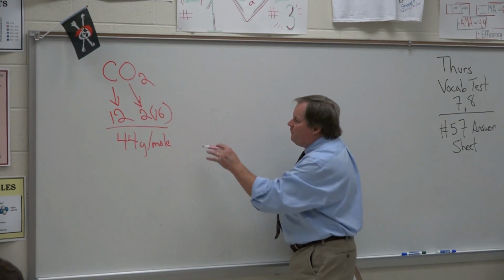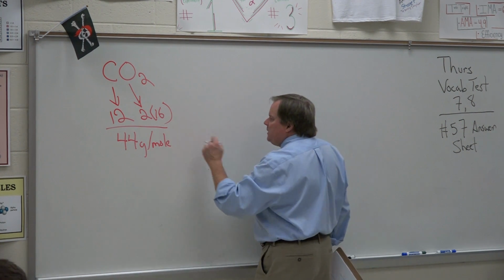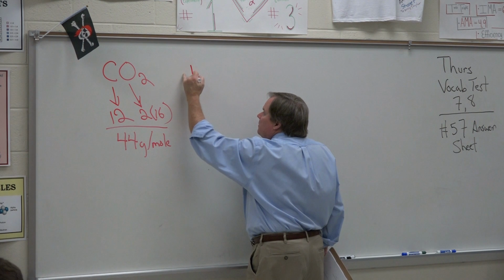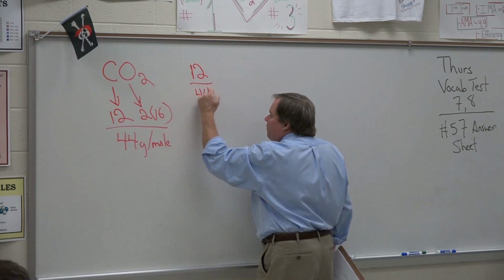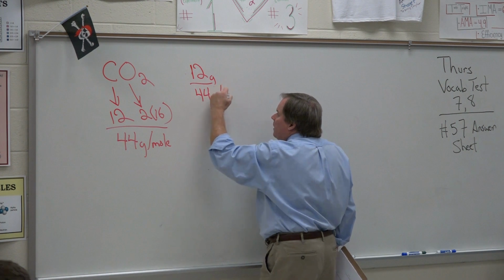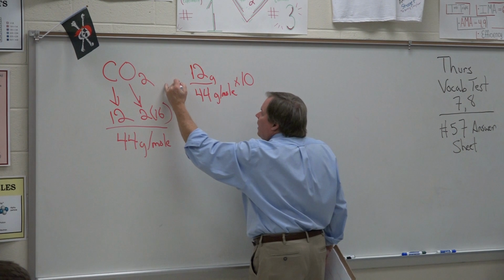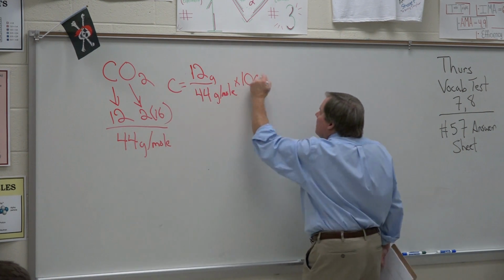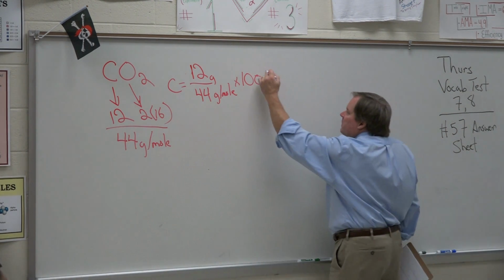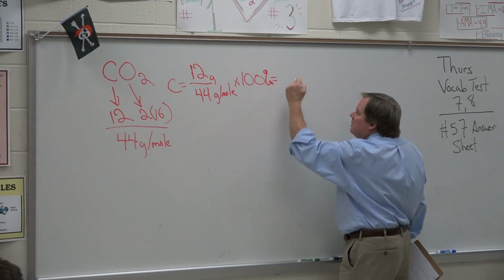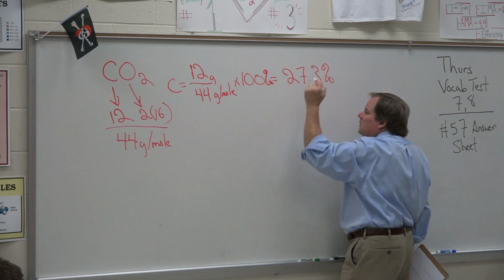All right, 44 grams per mole. Now we need to set up our ratios. We set up the first one: 12 divided by 44 times 100. So our carbon is 27.27%, or 27.3%.